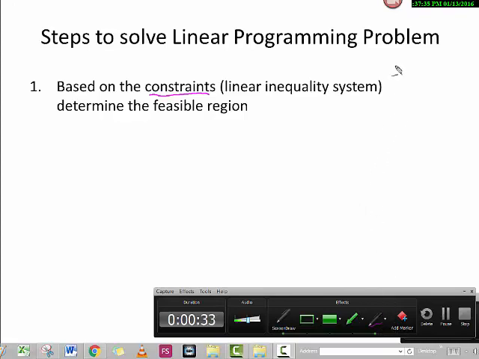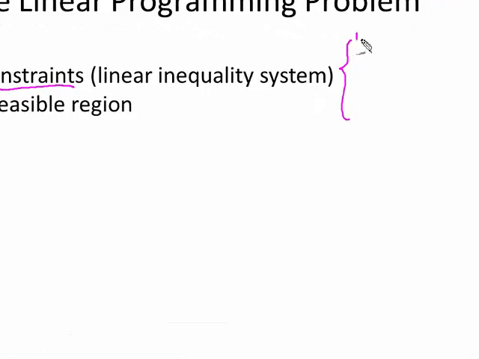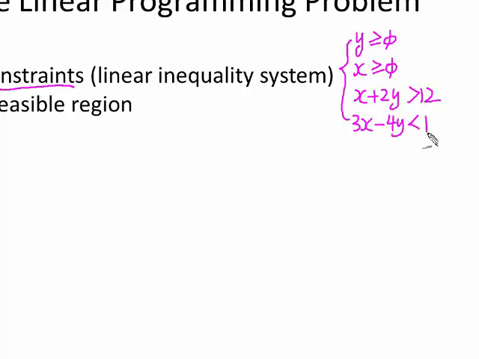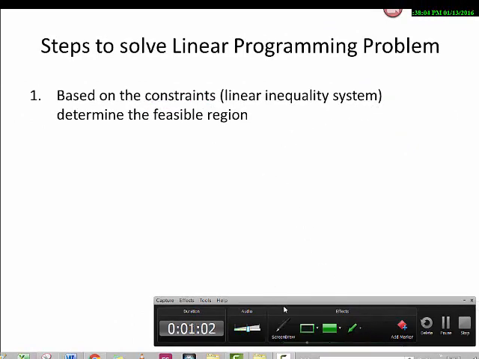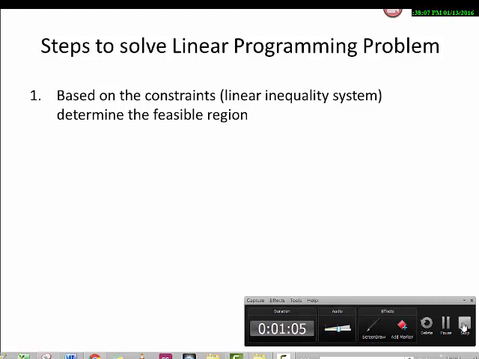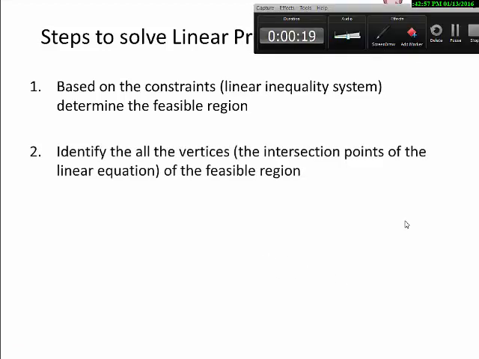In other words, if you're given a system of linear inequalities, say y bigger than 0, x bigger than 0, and x plus 2y bigger than 12, or 3x minus 4y less than 15, these are the constraints. Based on these constraints, you can construct or determine the feasible region. Once you have the feasible region, you have to identify all the vertices.